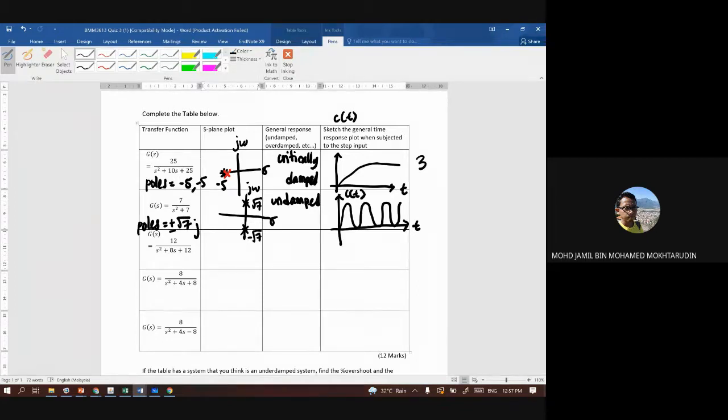And then the third one, you need to use a calculator for this, or you can do it by hand if you like. If you use a calculator, you get poles equals -2 and -6. Then you can sketch on the S-plane: here it's -2 cross and -6 cross.